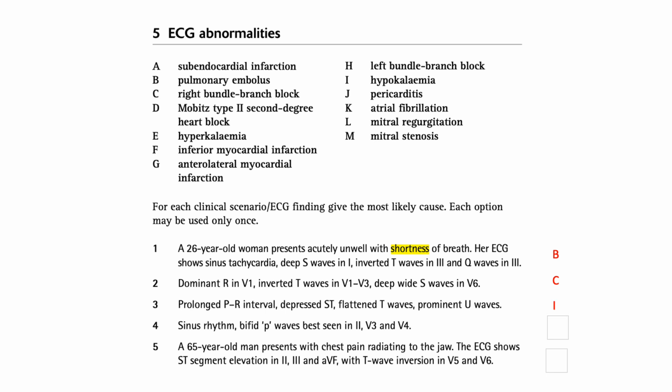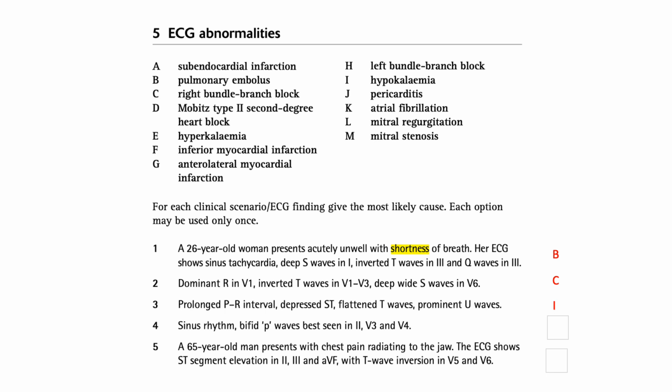Sinus rhythm with a bifid P wave, which is best seen in 2, V3, and V4. To be honest, I don't know about what that localization is meant to indicate, but our bifid P waves, we know, looks like an M. So it's from mitral issues. And there are 2 of them, and I didn't anticipate that.